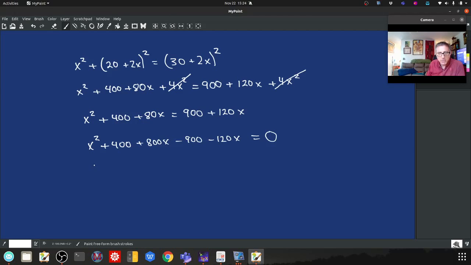So now we want to combine like terms. I'm going to combine like terms and do some simplification at the same time.